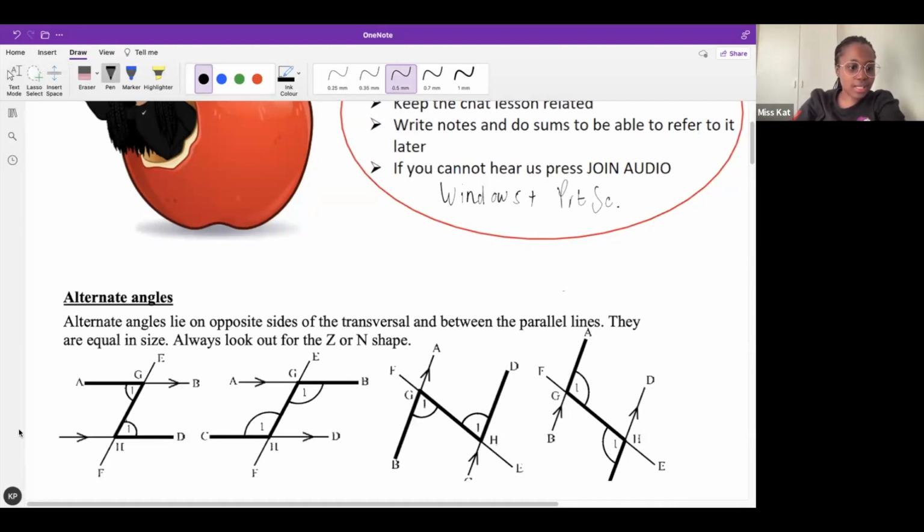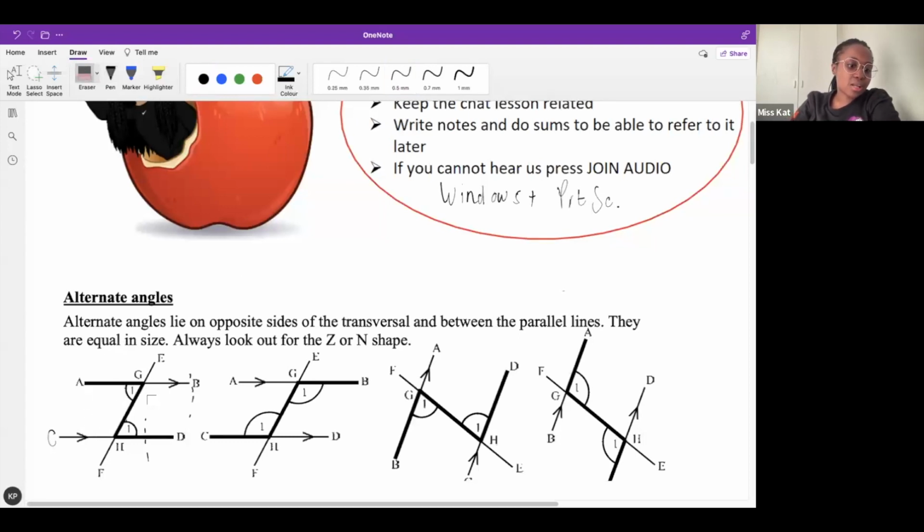Let's look at the line AB, and this was CD. The distance, if you measure it there, will be the same distance as if you measure it from G to H, or if you measure it from B going down. So they are equidistant. They are the same distance apart, no matter where you measure it.